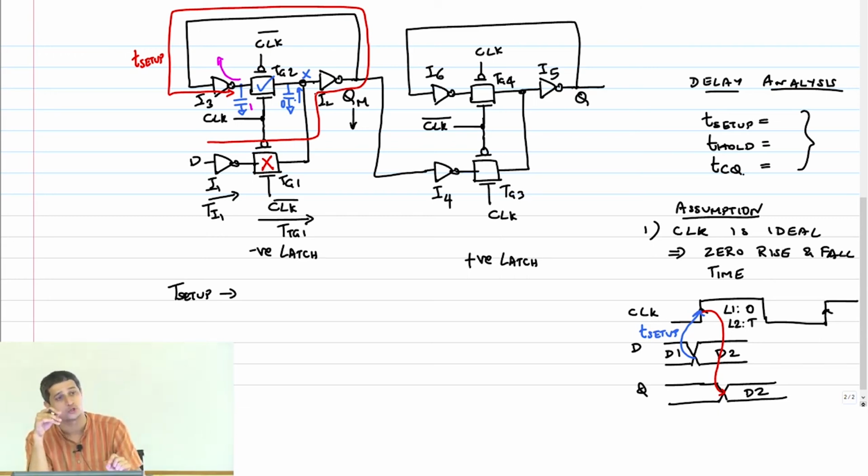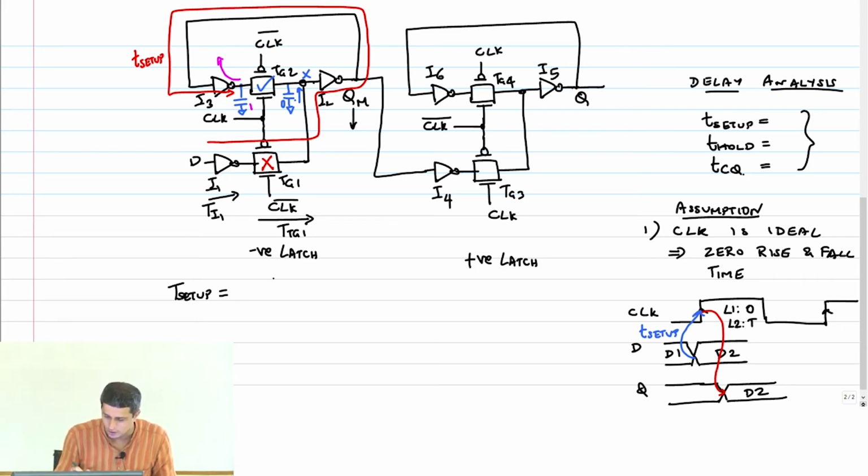And if you ensure that the data settles by this time, you are 100% guaranteed that the data will be captured correctly. Okay. So therefore, T setup, I am going to write it out as T of I1 plus T of TG1 plus T of I2 plus T of I3.